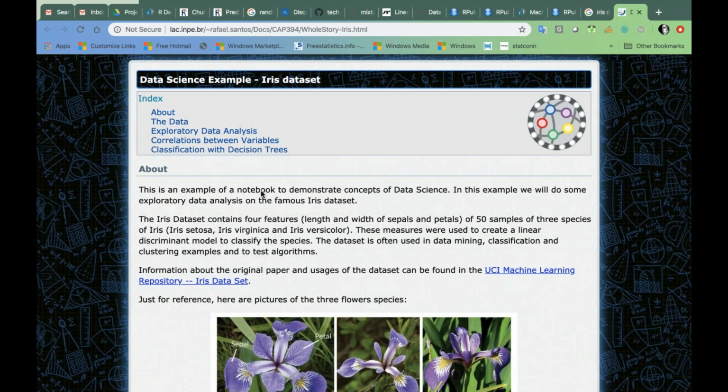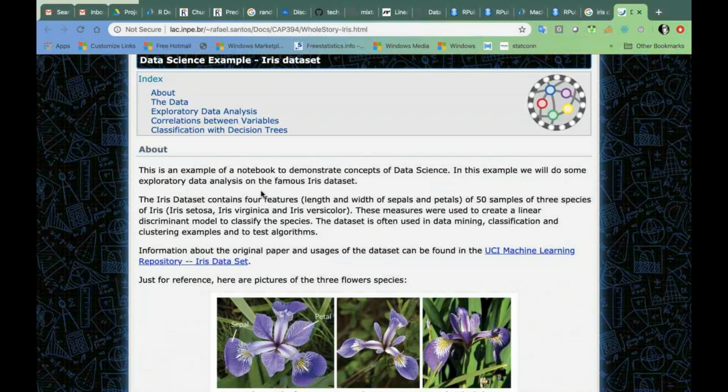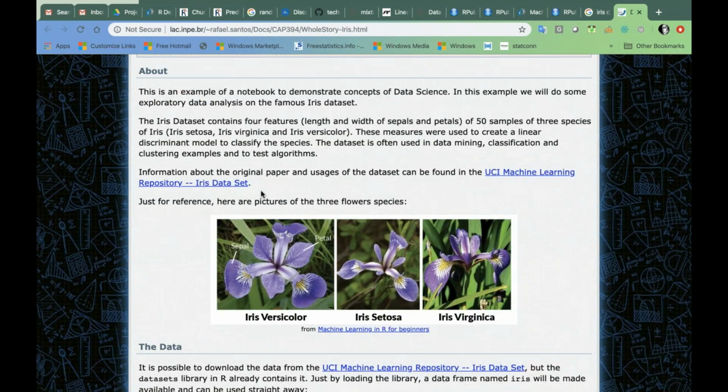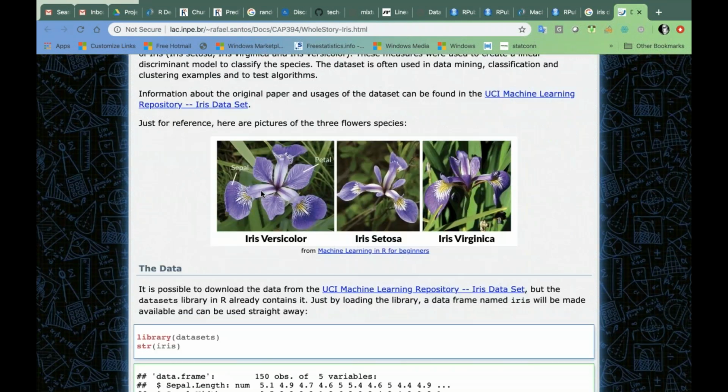So basically, IRIS is a dataset available under the UCI machine learning repository, and it shows 3 different flower species: Iris versicolor, Iris setosa, and Iris virginica.